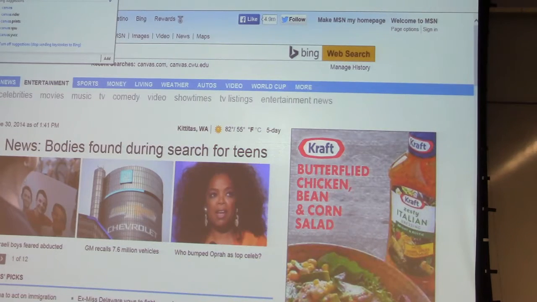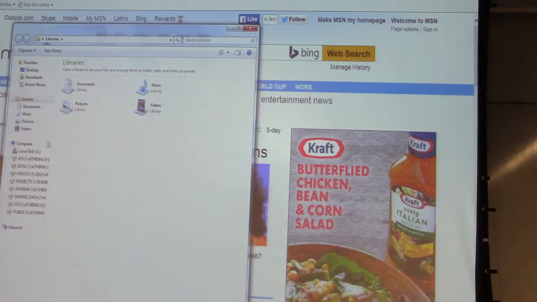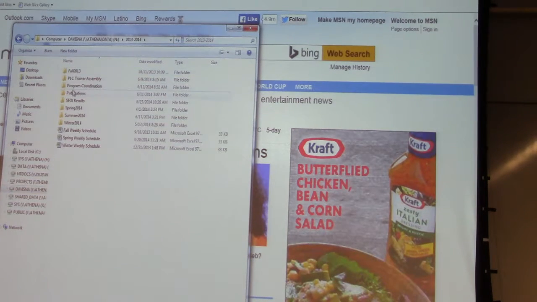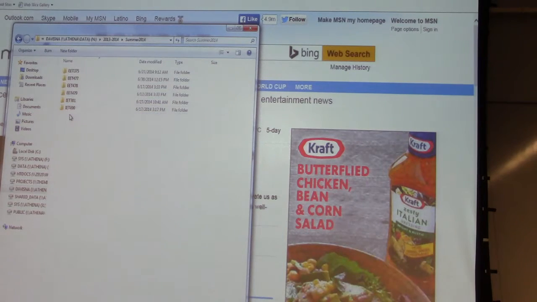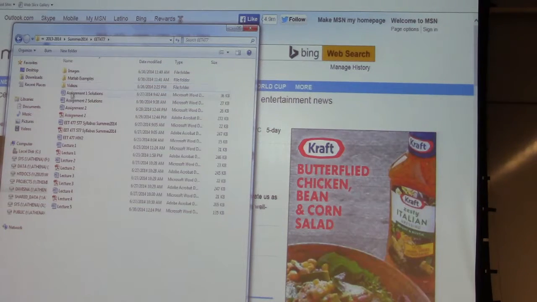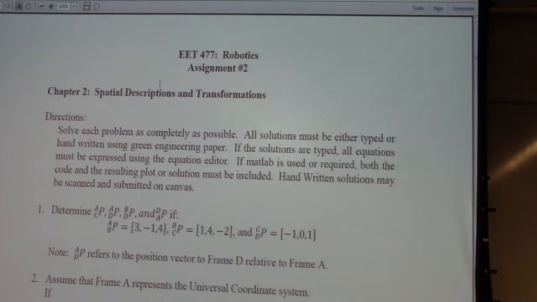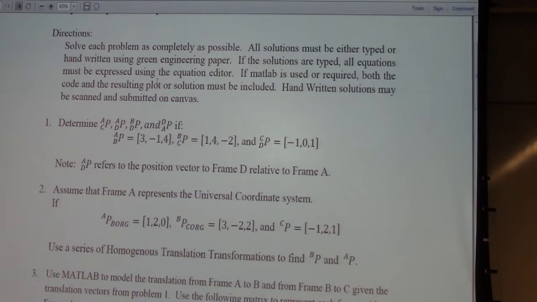So I'll just pull it up. It's located under assignment 2, just as you might expect. I will go ahead and pull it up just through the directory structure to save us a little bit of time here. So we have assignment number 2. And I provided some directions here just to help clarify what I was looking for.